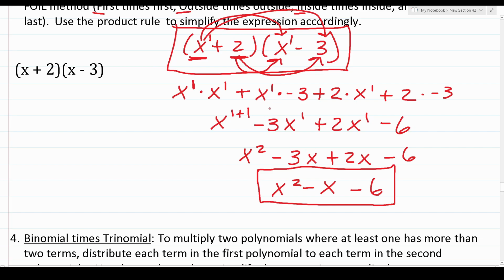All right, so let me just stress this again. Many of you can probably go from here right to here. Again, if you could go from here right to here, this video is probably not for you. I'm working out these 2 steps here because a lot of people haven't worked with polynomials in a very long time, and they have to see those implied ones expressed in order for them to be able to apply the product rule and ultimately simplify the expression.